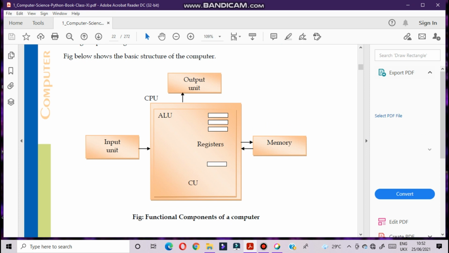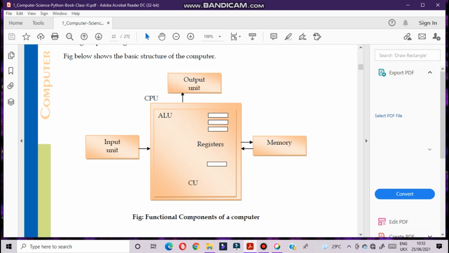So it helps in performing the operations given by the user using the input device. And what is the use of the control unit? It controls the operations performed in the central processing unit. What are registers? A small memory that keeps the data or instructions.